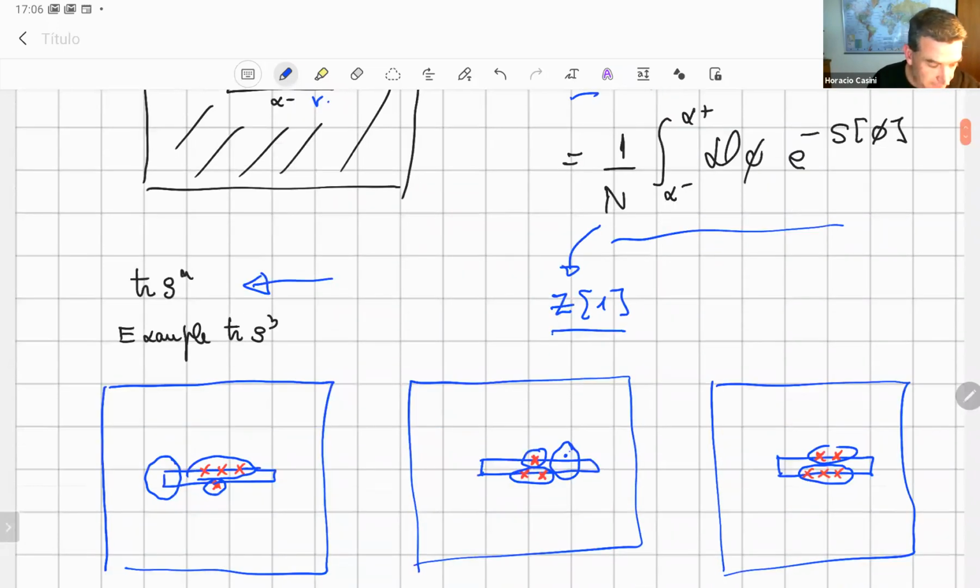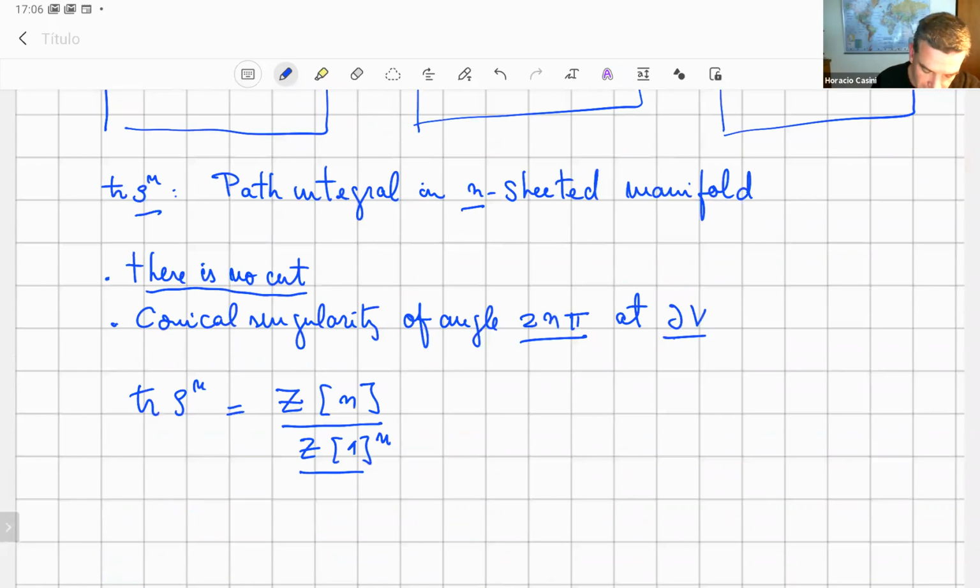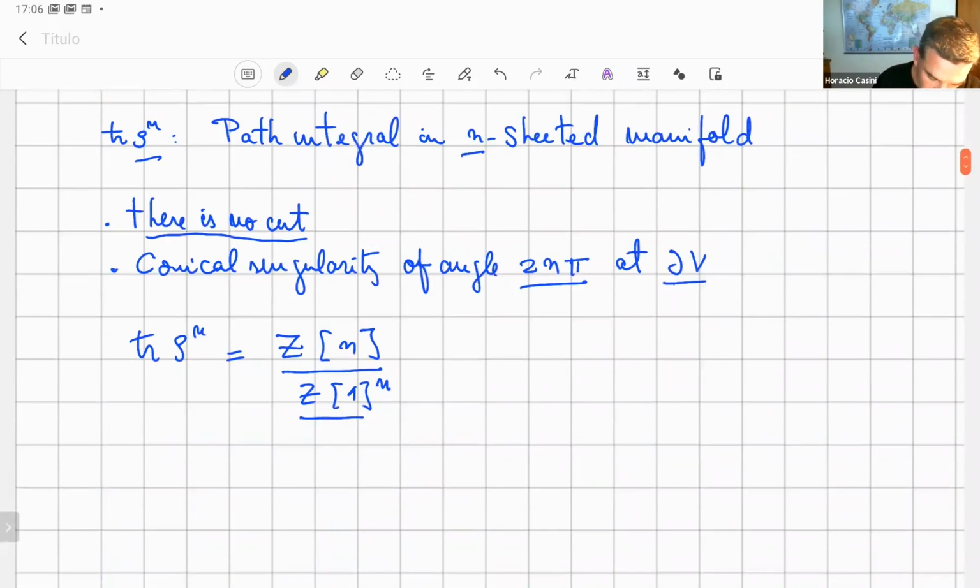And from here, we can compute a quantity that is, well, these are the traces of rho to the n, but it's better to express this in terms of the so-called Renyi entropies.